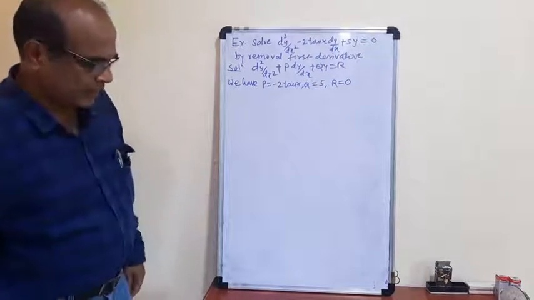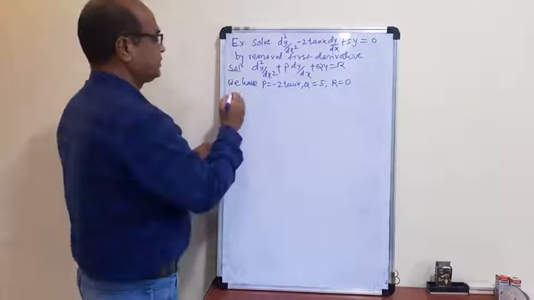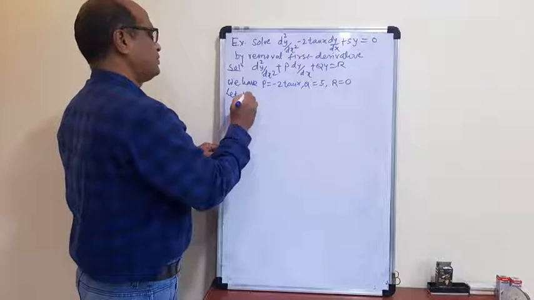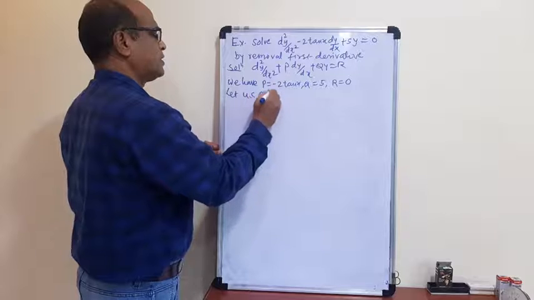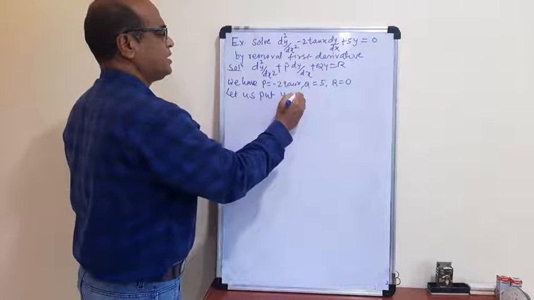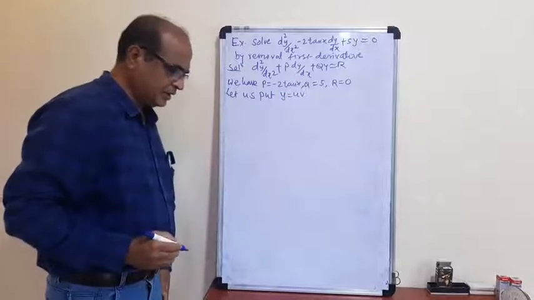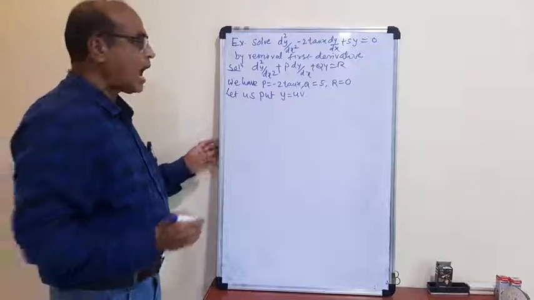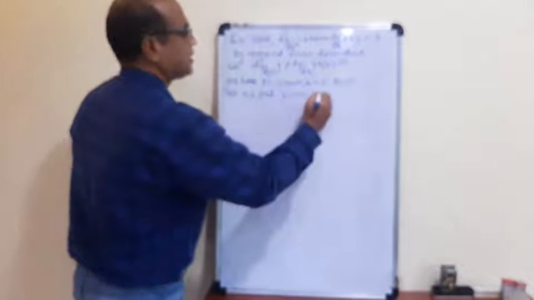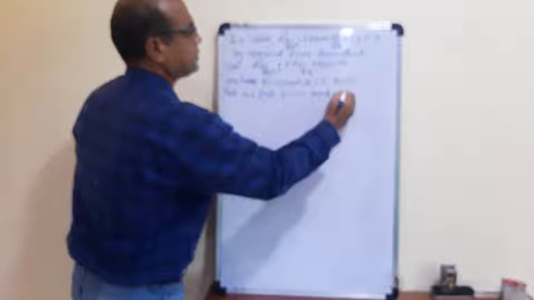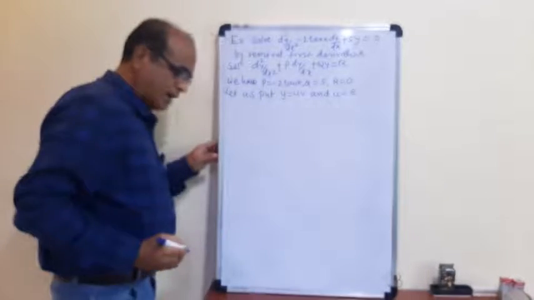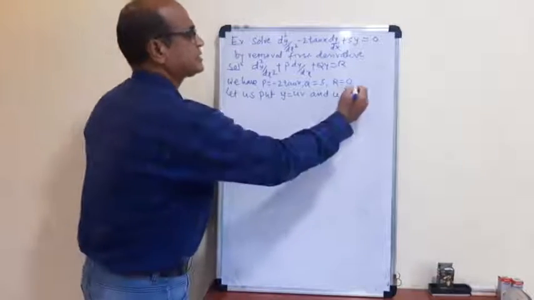Okay. Let us put y is equal to uv, where u is equal to e raised to minus 1/2 integration of p dx. So we find that the first derivative is removed by substituting this, that is u is equal to e raised to minus 1/2 integration of p dx.